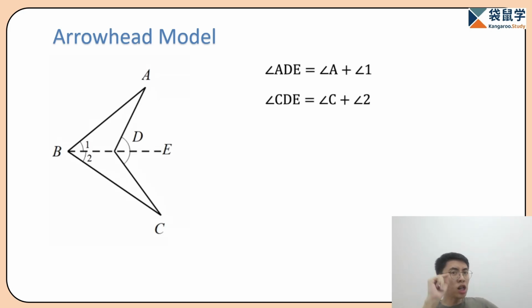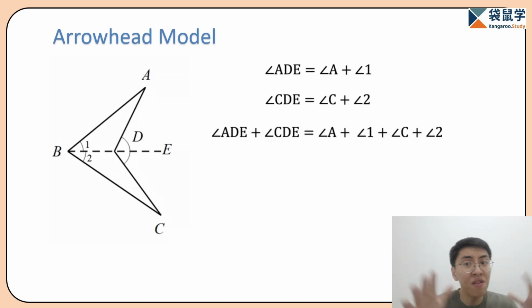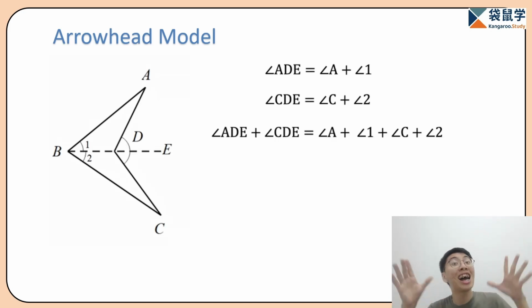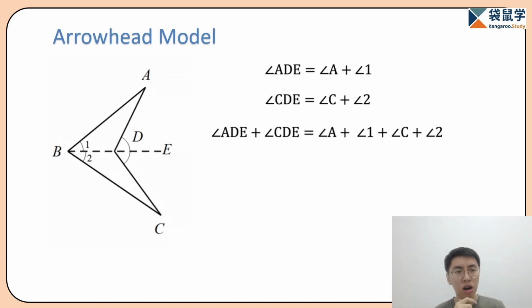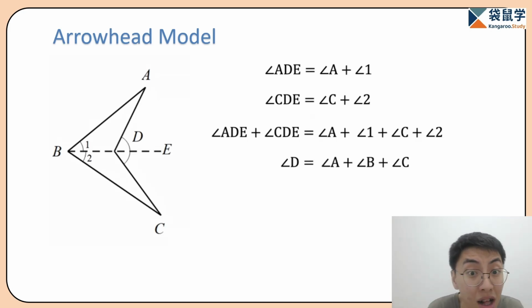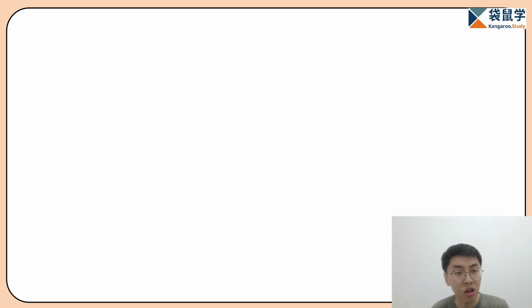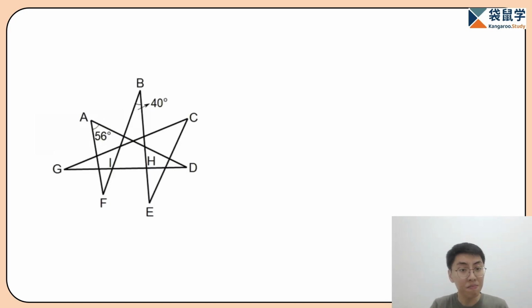We realize if I add angle ADE and angle CDE together, it is just angle A, angle 1, angle C as well as angle 2, and that is equal to angle D. So we can conclude one thing, and that is this angle D on the outside of our arrow is just always the same as the sum of those other 3 angles within our Arrowhead model. And here it is.